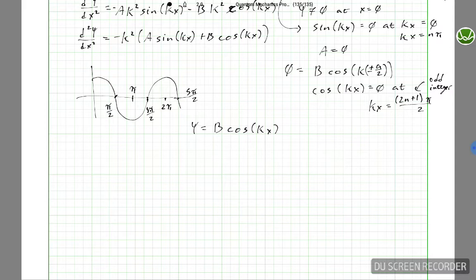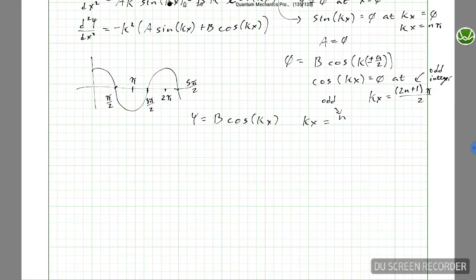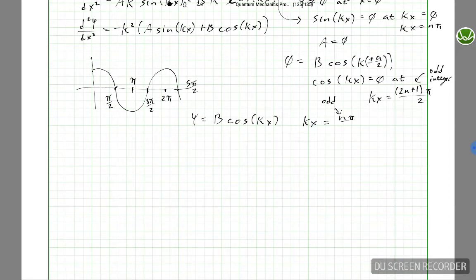So our energy levels, we have kx equals some odd integers. So you can just even specify that needs to be odd. Or we could do, I don't want to use n again.